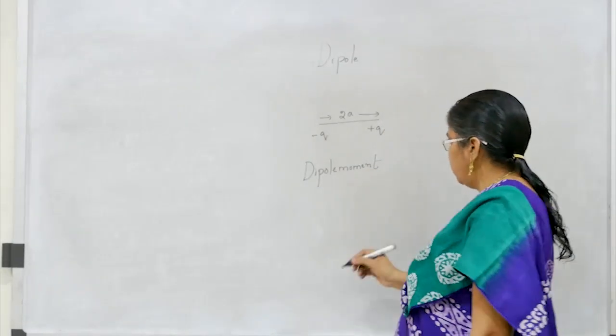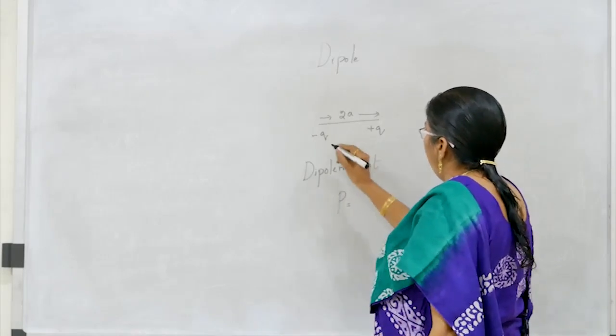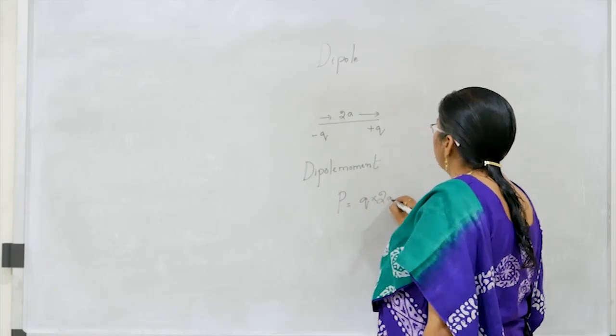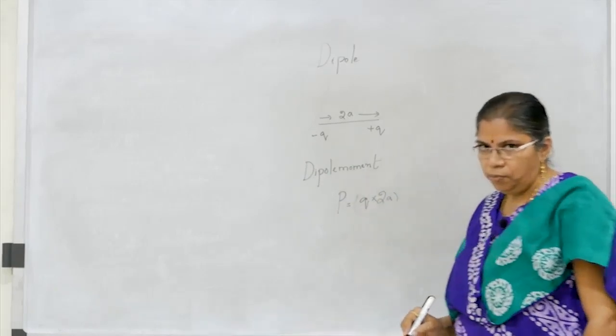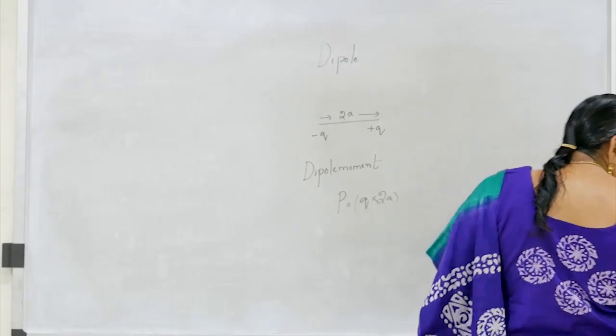Dipole moment is given by the letter P. It is given by one of the charges into the distance of separation between them. So this is known as dipole moment.